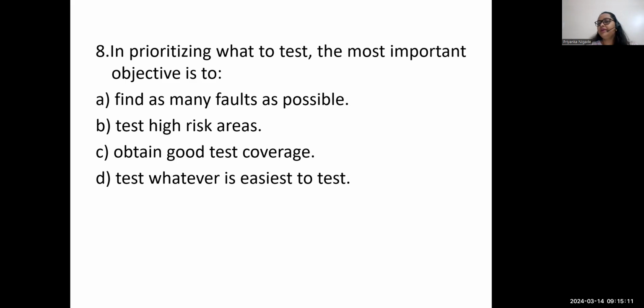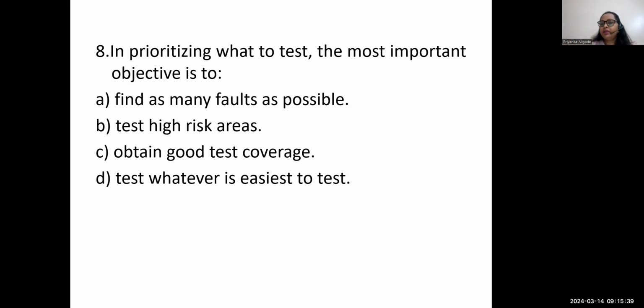Okay. Let me correct you. I can see many of the people have written option C, obtain good test coverage. That is our main objective overall, but no, the actual answer is option B. Whenever you are prioritizing your work, you should focus on the high risk areas of the application first.